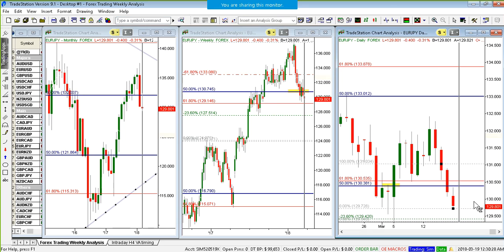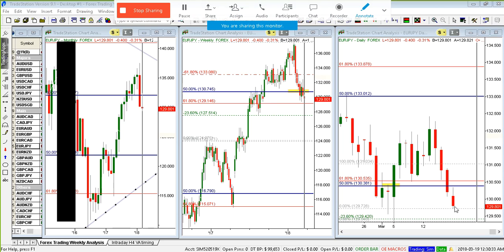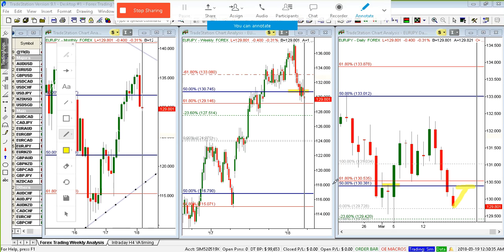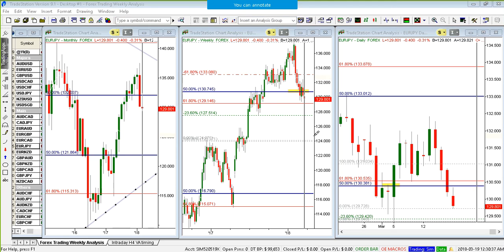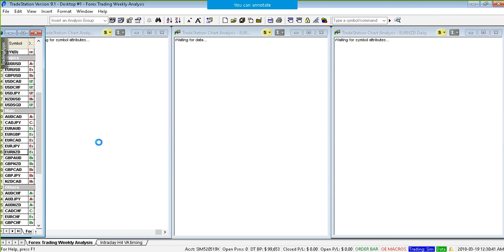And if the lows were in here and this market started a reaction, that reaction could bring price into the 130.40 area here.